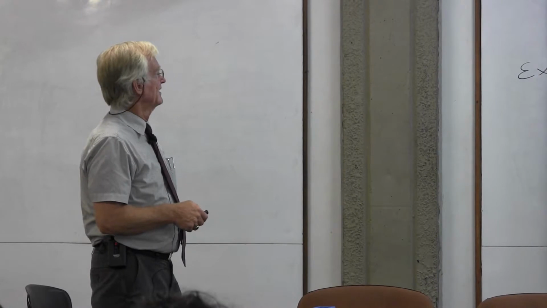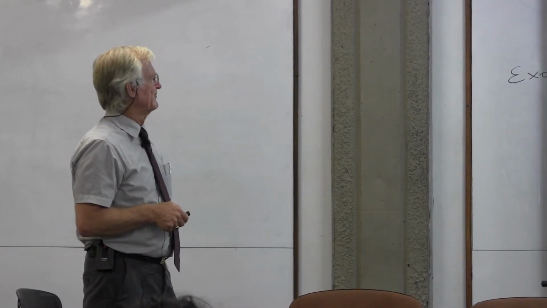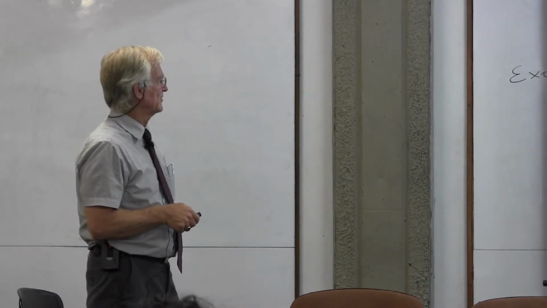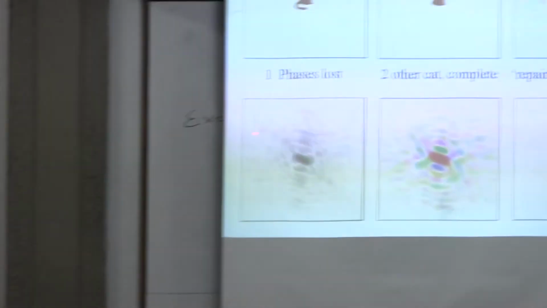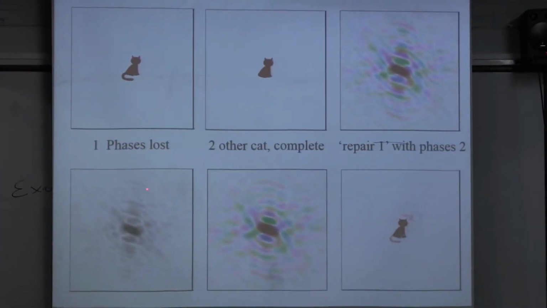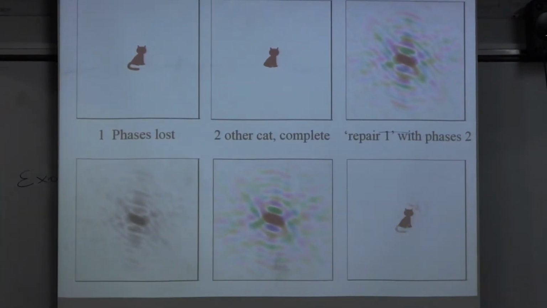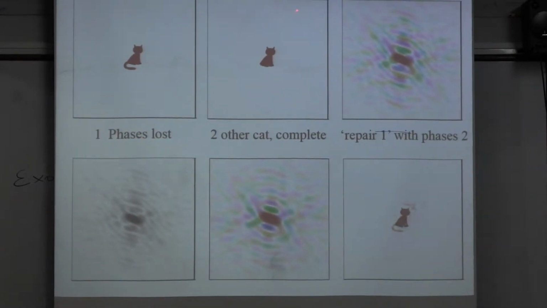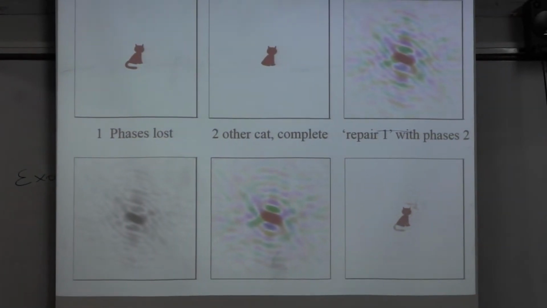Like here, we have this nice little catlet, but I'm very sorry, I've lost the phases. So this is the amplitude-only picture. And this one back makes nothing. So this is the picture, and I lost it. Now, I fortunately have another cat, but it doesn't have a tail.